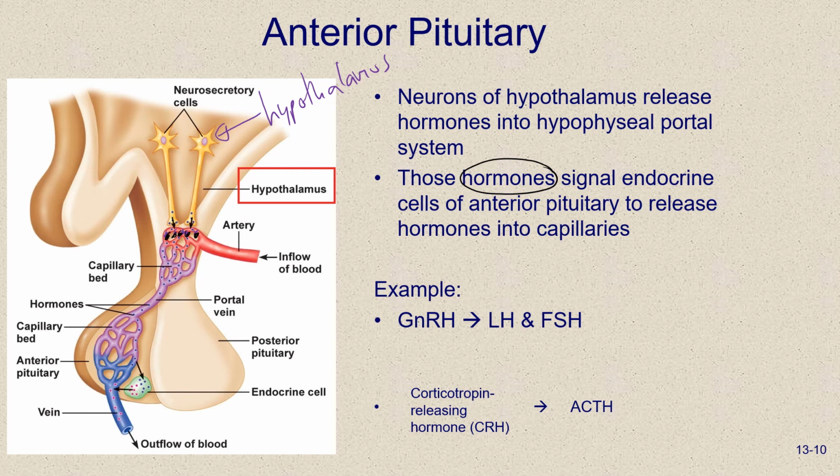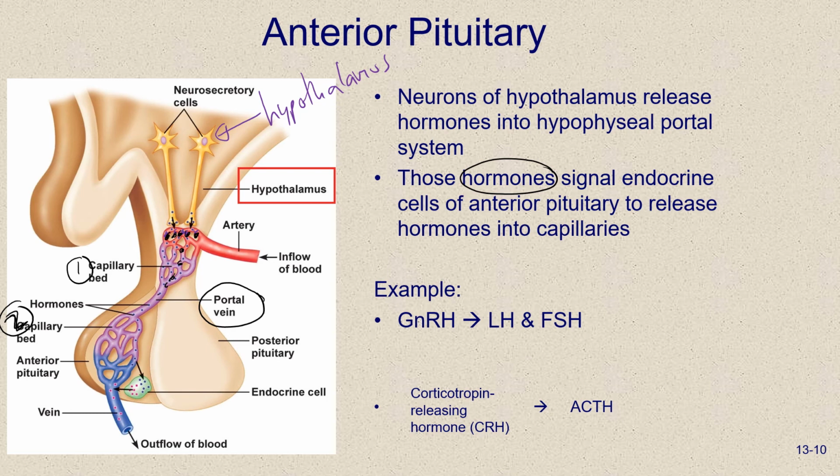The hormones released by these neurons enter these capillaries and travel through the infundibulum through a blood vessel known as the hypophyseal portal vein. A portal vein is a vein that lies between two different capillary beds. And so we can see the first capillary bed at the hypothalamus, and we can see the second capillary bed down in the anterior pituitary gland.